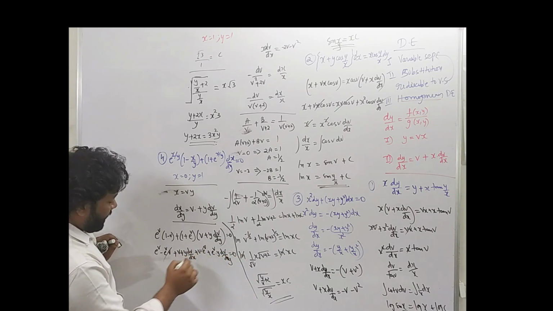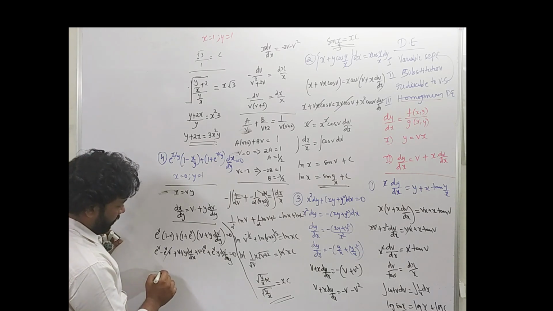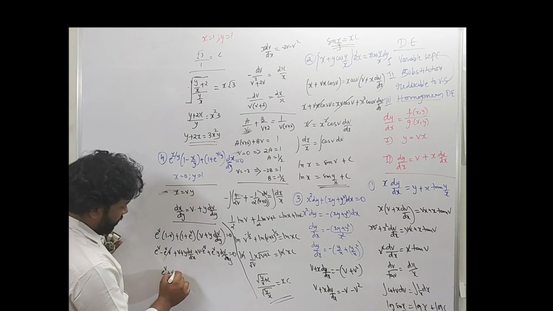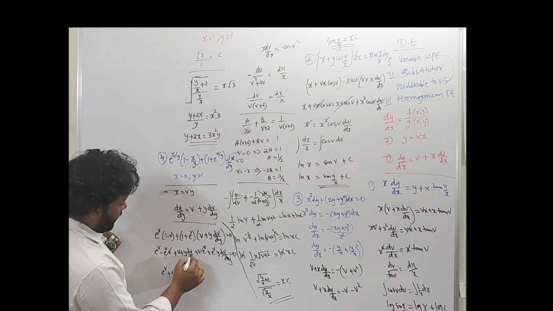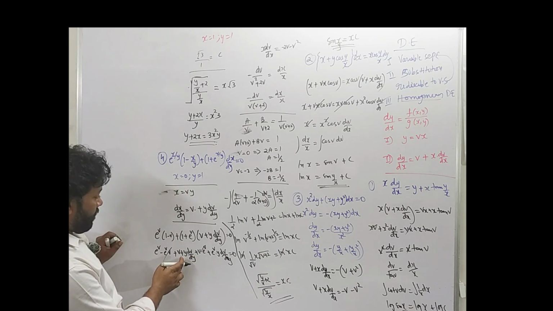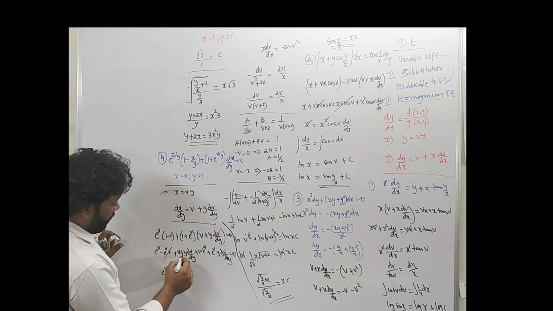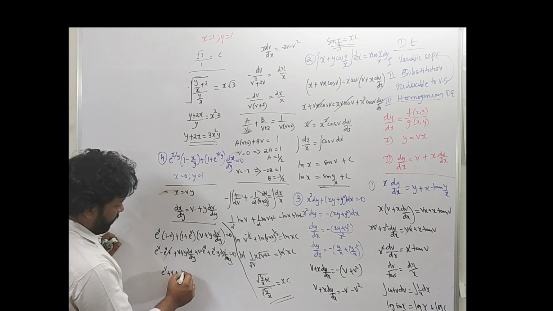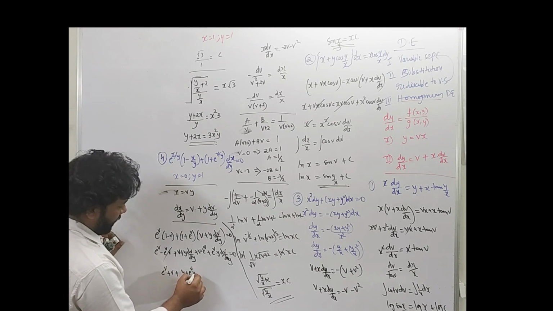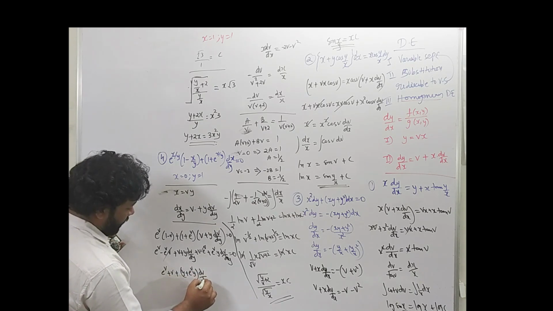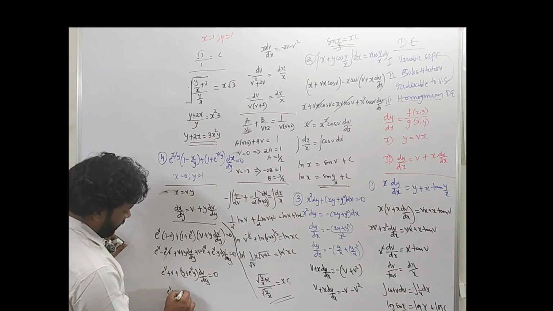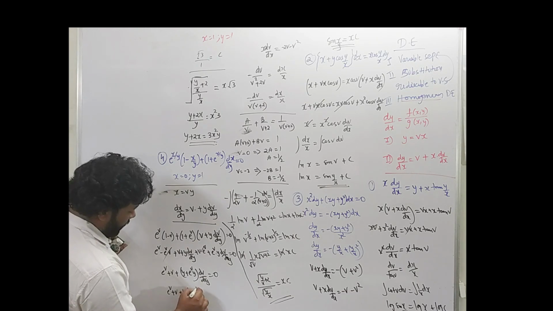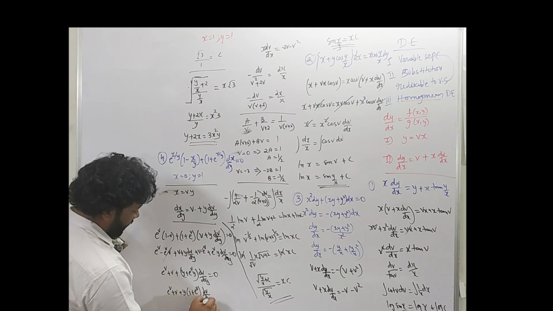So here this term gets cancelled, and then we have e^v plus v plus dv by dy. This should be dv by dy. Yes, dv by dy it is. So (e to the power v plus v) plus y(1 plus e to the power v) dv by dy is equal to 0.